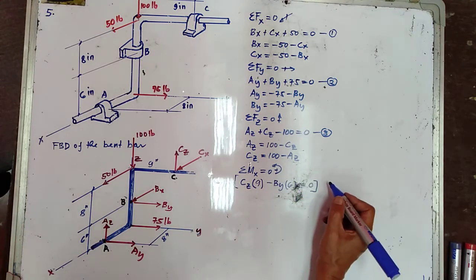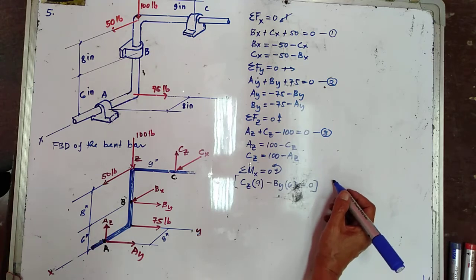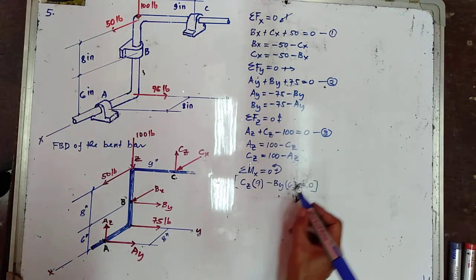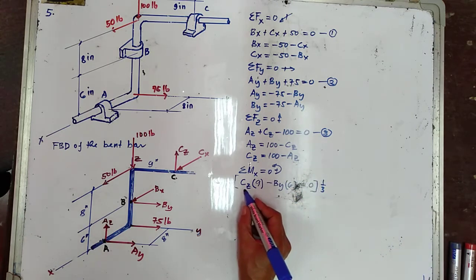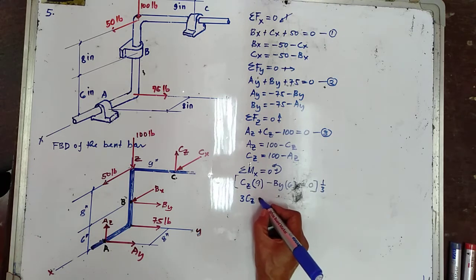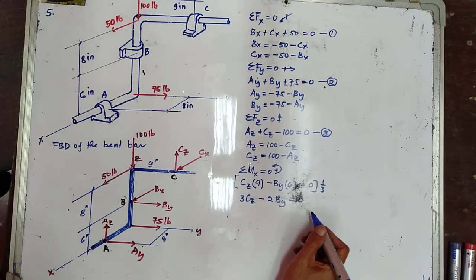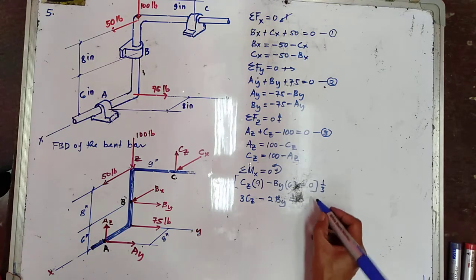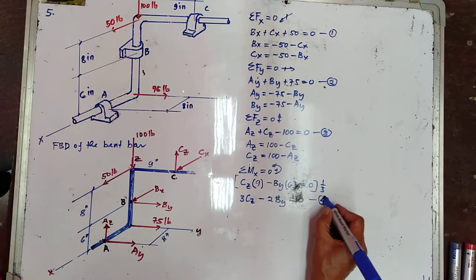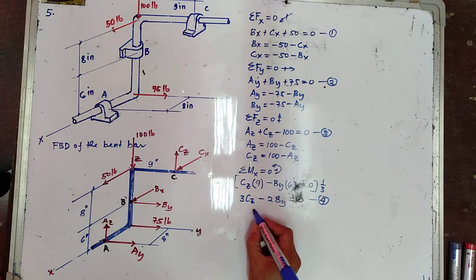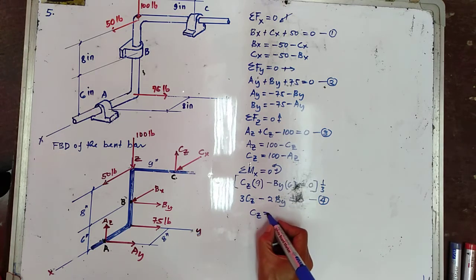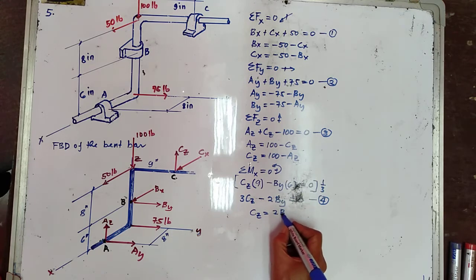If you try to multiply this one by 1 over 3, then 3 CZ minus 2 BY is equal to 0. Let us consider this one as the fourth equation. Or your CZ is equal to 2 BY over 3.